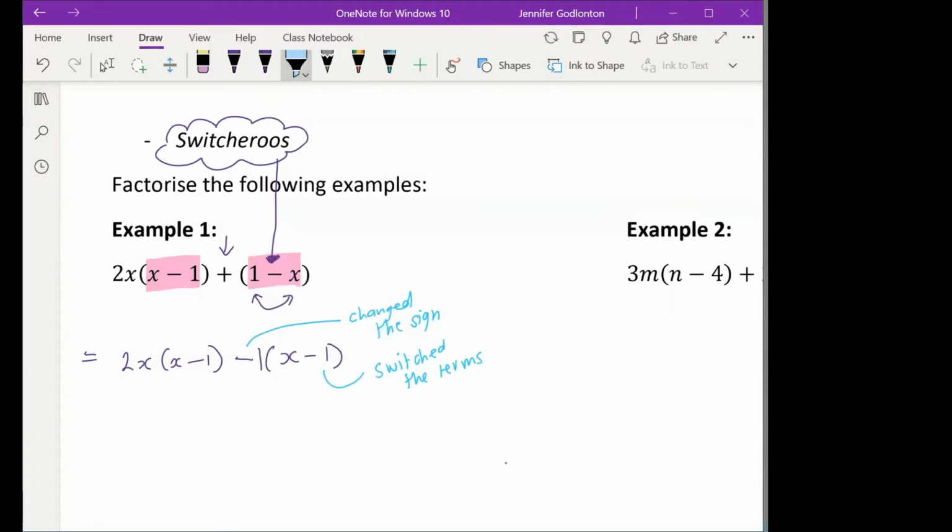Now we have a highest common bracket situation. So we say, well, we've got x minus 1 and x minus 1. So we take x minus 1 out as our highest common bracket, and I'm left with 2x minus 1. And that's my final answer.